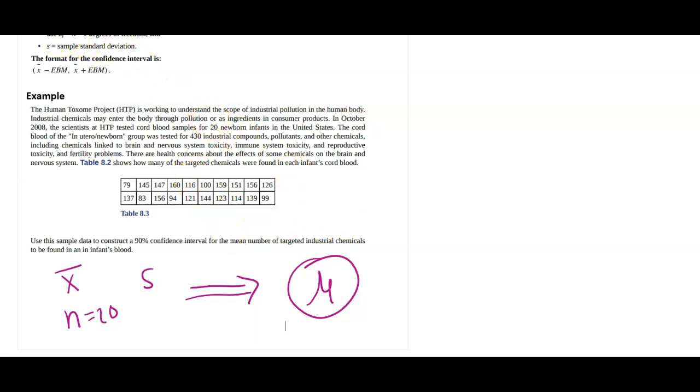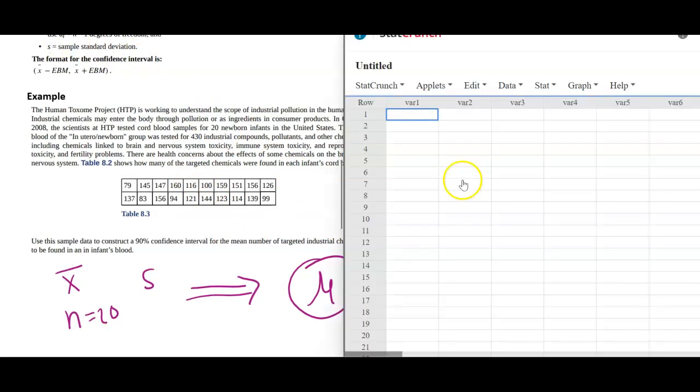So let's pull up a split screen again with StatCrunch. Okay, and I'm going to input this data. The only thing that's going to be different here is I'm going to use the t distribution instead, and then I'll go through and show you some of those calculations.